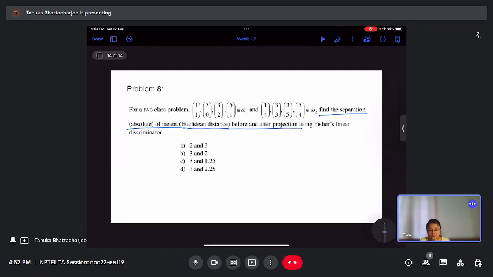So, you will have to find the separation of means. So, you have the means of both the classes, you will have to find the separation between them, and separation is in terms of the absolute Euclidean distance, and you will have to find this separation of means before and after projection. Okay.